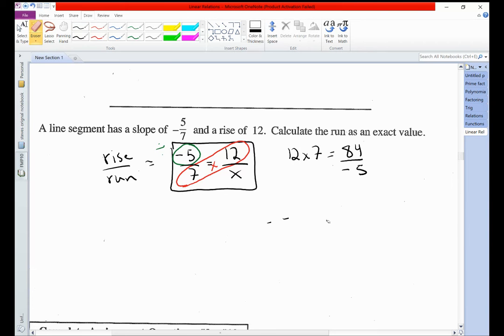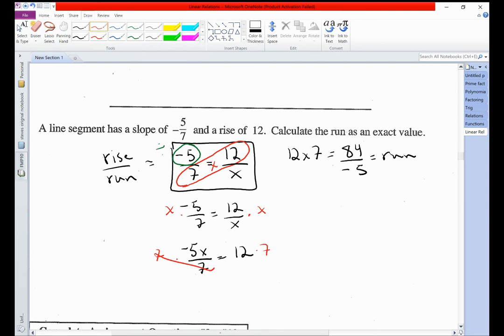If that throws you off, if that's weird for you, just let me erase that so I have more space. You can say, okay, -5/7 is equal to 12 over x. We're trying to get x by itself, so we multiply x to both sides. And then I'm left with -5x over 7 equals 12. And then I can multiply 7 to both sides.